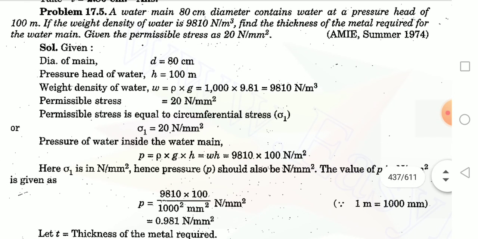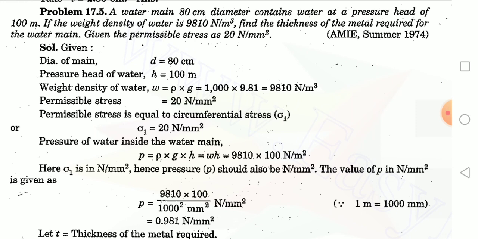It is a repetitive problem, guys, which was asked earlier during our semester examinations. So listen carefully. A water main 80 centimeter diameter contains water at a pressure head of 100 meter.